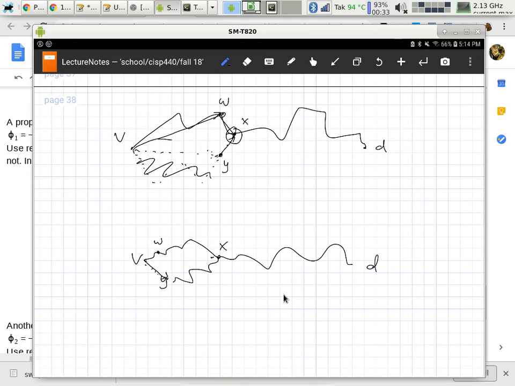Is that okay? So we're not actually proving that we get the shortest path. We're just showing that what we end up with does not diverge from the shortest path. Yes. So the key is not even whether W and Y are converging to the same vertex. It's just that they are both reachable from V, and they both have to be explored at one point because one is on the shortest path, which means it is reachable to the destination.